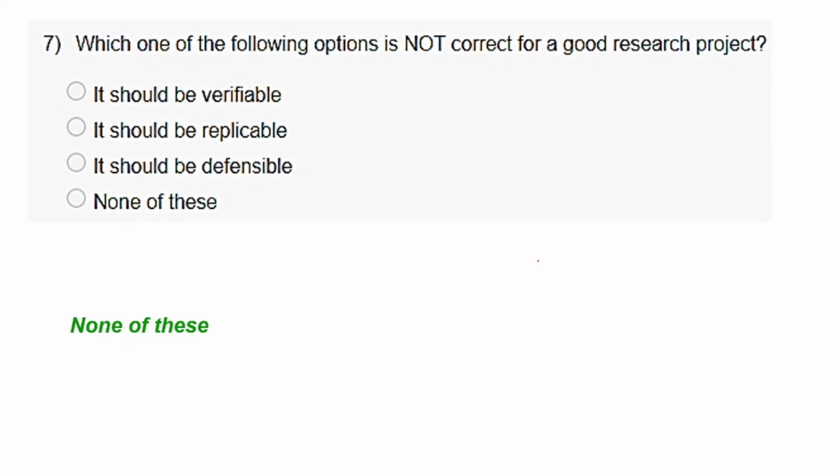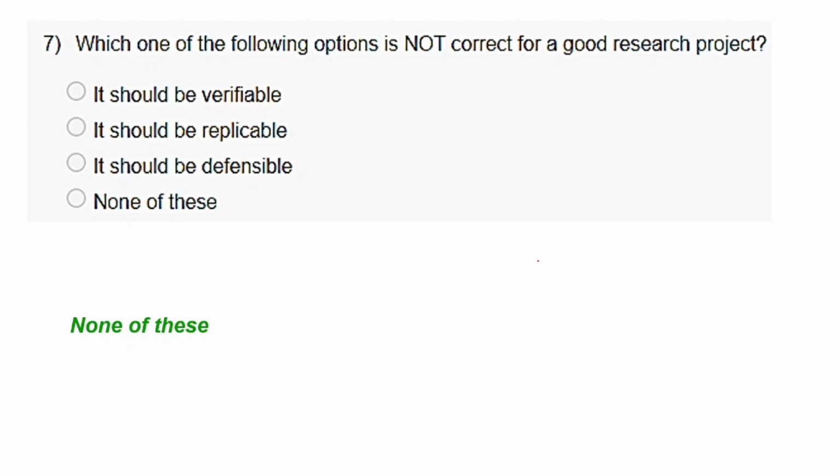Verifiable. Next is replicable. Obviously, if someone else is trying, that is why I said the abstract and everything should be very concise. But when you're writing the materials and methods, not everyone will read your materials and methods. People will read them when they're interested in your paper. So the abstract and discussion part should be very crisp, very fascinating, very interesting. And if that holds my interest, then I'll go back and read the entire paper.